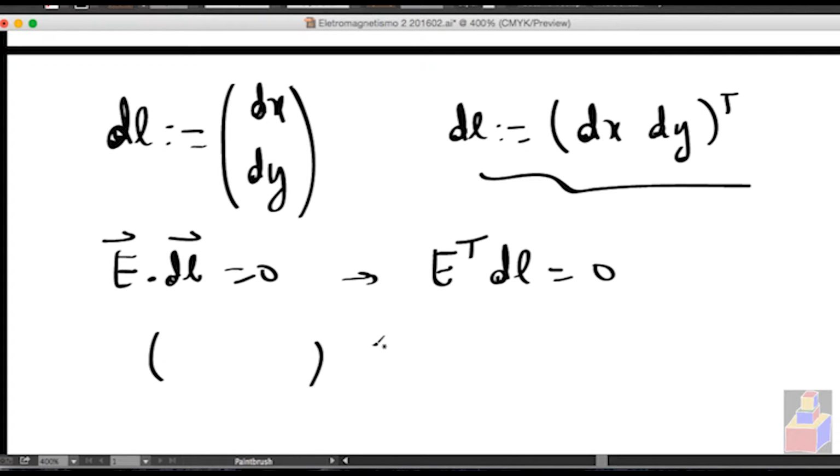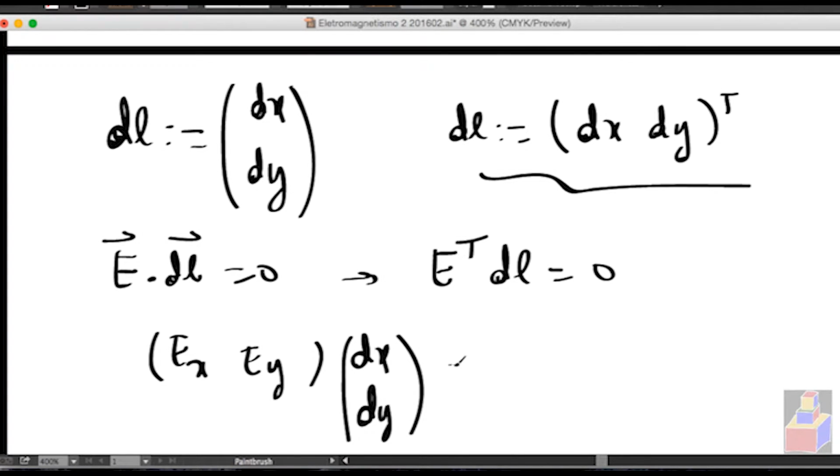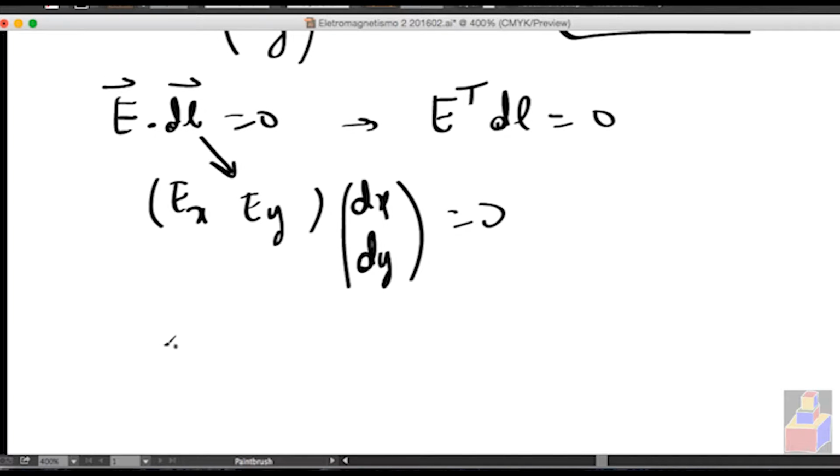E transpose like this, dl is like this, so we have Ex Ey times dx dy equals 0. So this is the same as that. Okay. So what you get is that Ex dx plus Ey dy equals 0.